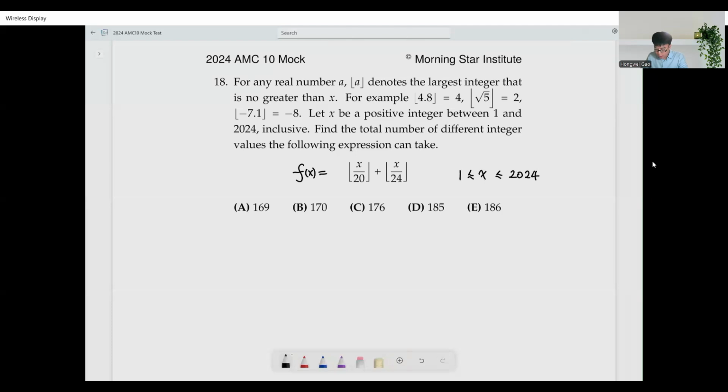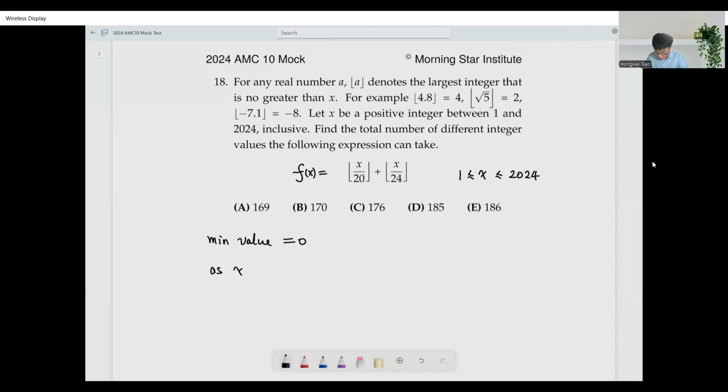First, we notice that the minimum value is 0. When x equals, say, 1 or 2 or some small number less than 20. And when x increases, f will not decrease. Sometimes it will increase, sometimes it does not change.